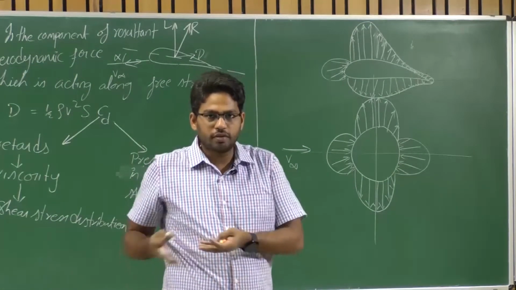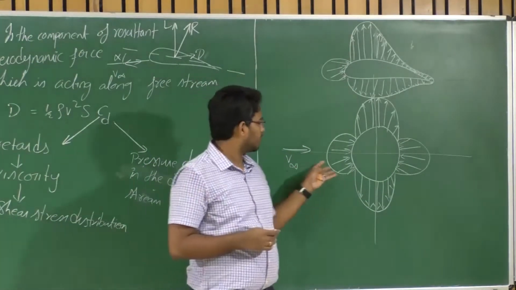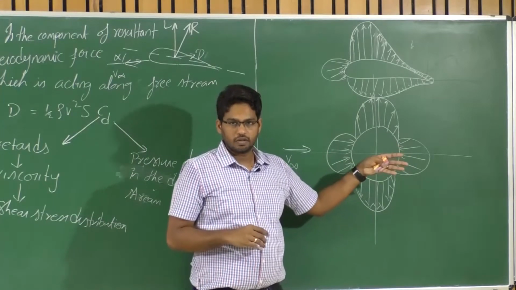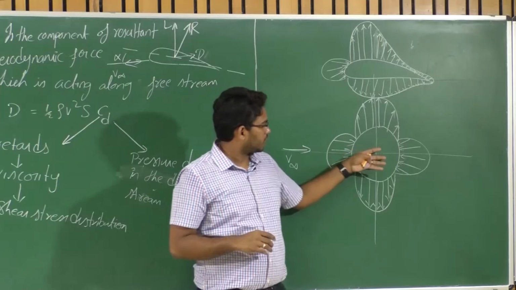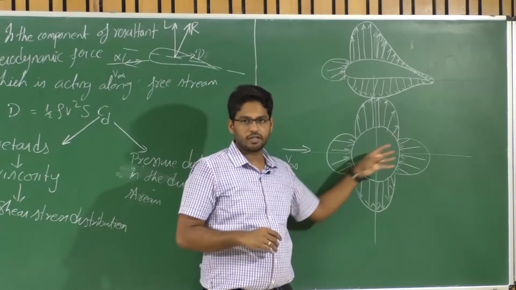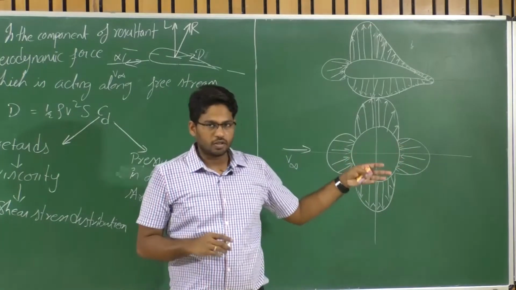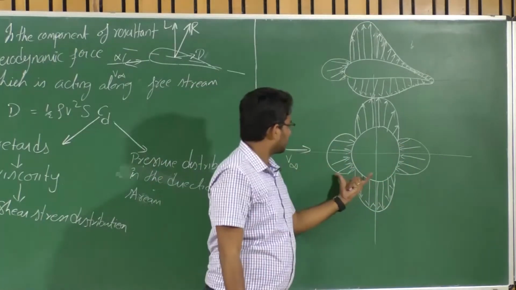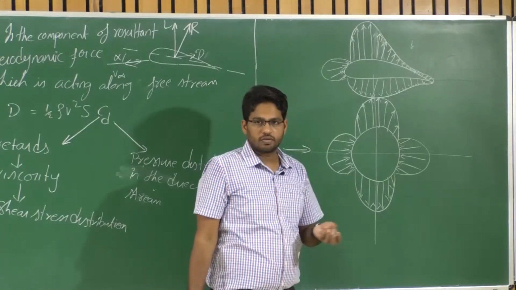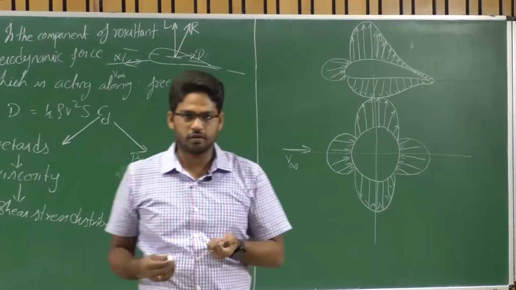But intuitively we all know that when there is an object in flow, there is certain drag, so this body experiences certain drag, isn't it? Though it is in flow, there is no drag and no lift. Such a condition is known as D'Alembert's paradox.